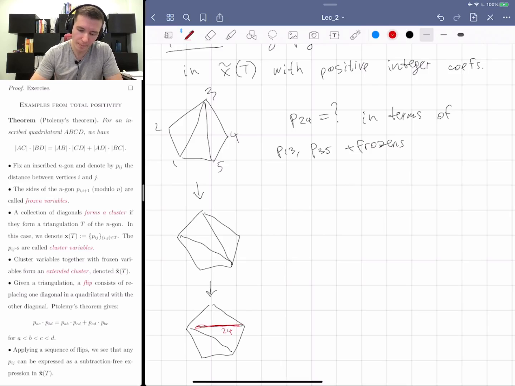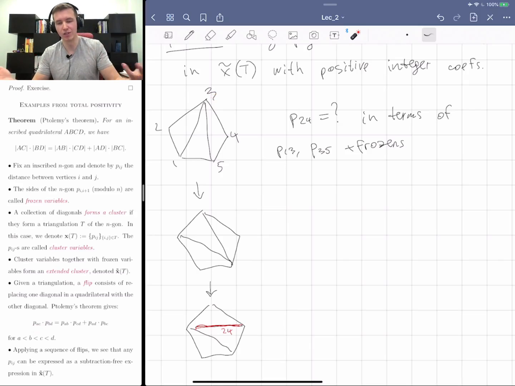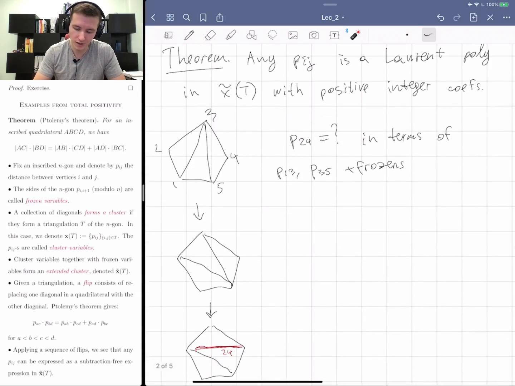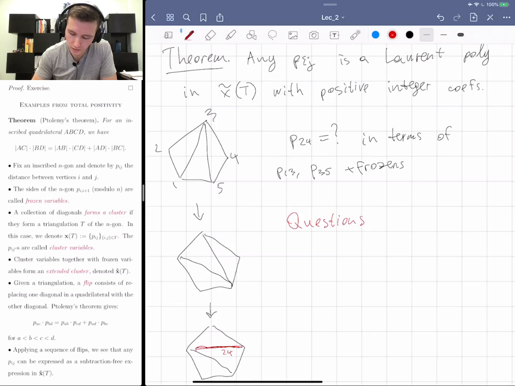As you keep going, you have to do a bunch of flips, and when you do these flips, you have to divide by some non-trivial polynomial, so the same kind of cancellation is going to appear. The denominator is always going to cancel out, except for a monomial, and then the result is going to be a positive Laurent polynomial. Okay, any questions so far?